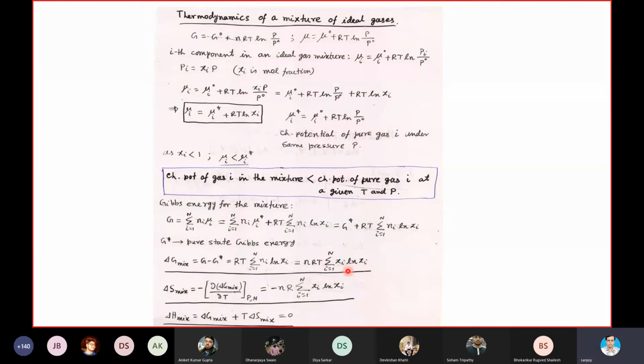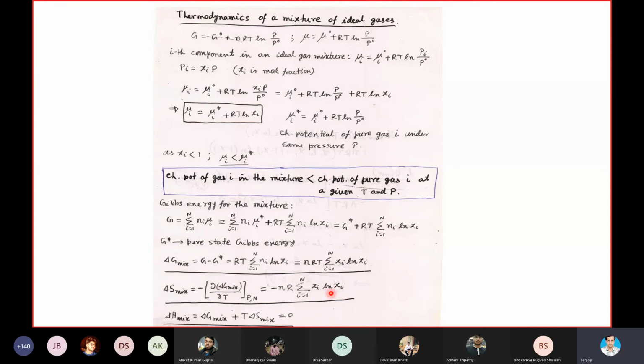Now, if we know delta G, this one, we can find out delta S mixing from where? Gibbs-Helmholtz relation, we discussed that last week. Okay, delta S can be written as minus del delta G by del T. Okay, so if you do that, from here you differentiate with respect to temperature. So simply it becomes minus NR, temperature is gone, and this term remains the same.